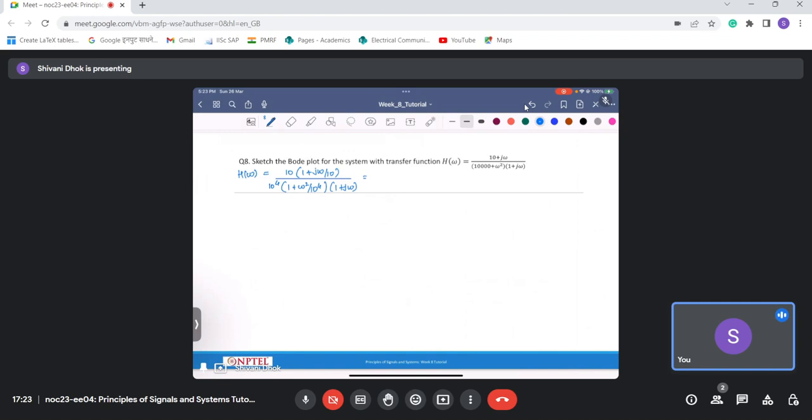So this is equal to 10 power minus 3 into 1 plus j omega by 10 whole divided by 1 plus omega square by 10 power 4 into 1 plus j omega.